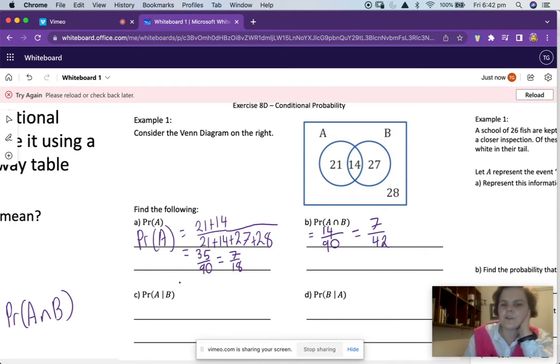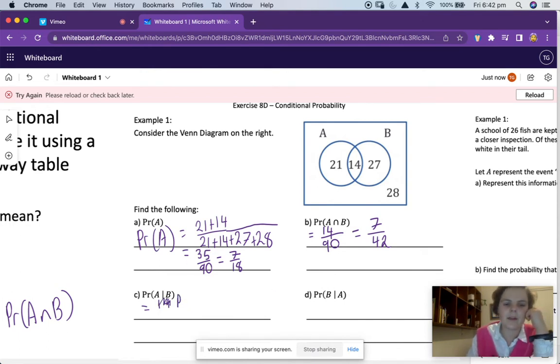Next one, let's use what we've learned about probability of A given B. So now what this is saying is we already know that we've got B. What's now the probability that we'll get A? So this will be 14. So actually, let me go through the formula.